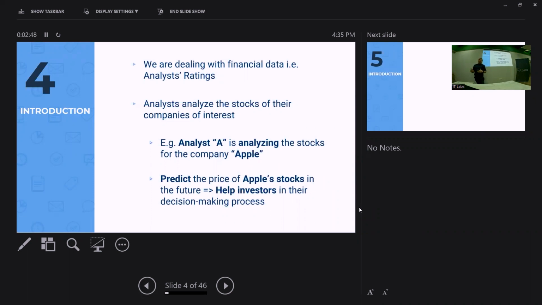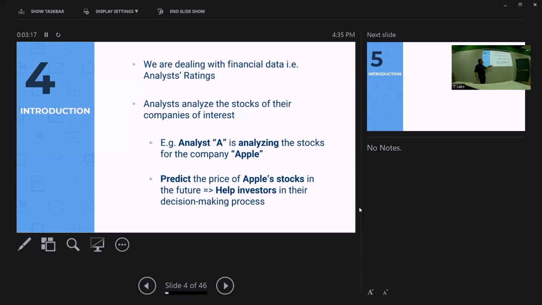So they give some professional, let's say, professional thought about what will happen with a given stock in, let's say, 3 months. So it's a long-term rating.